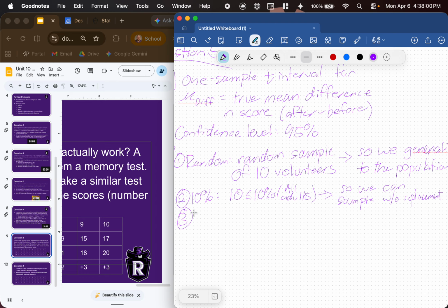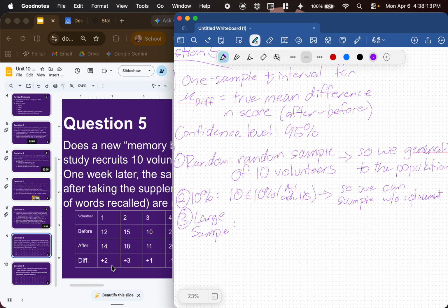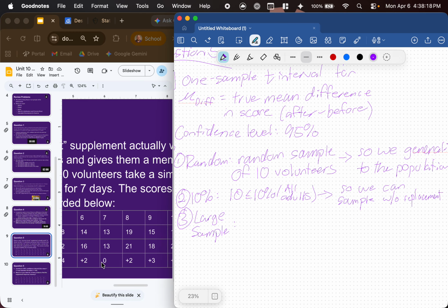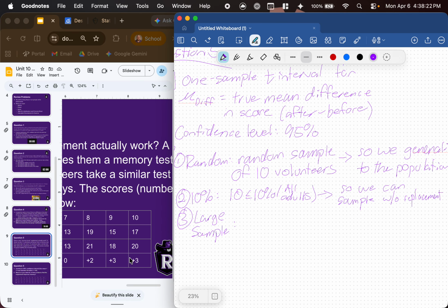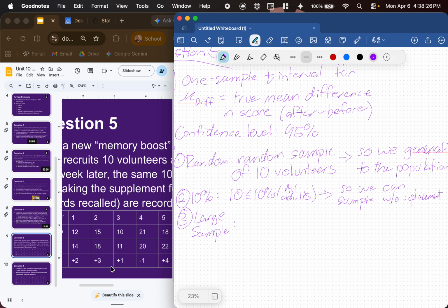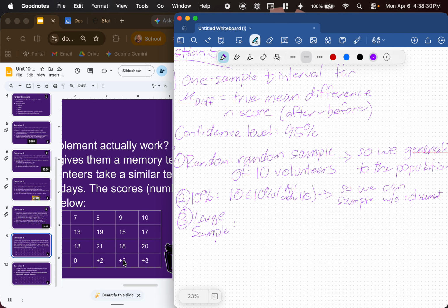So let's look at this large sample. What we can see when we start looking at our differences is that there's no strong skew. We have kind of everything all over the place. We have some greater than 3, greater than 2, 0, greater than 4, -1, 1, 3, 2. We don't really have any strong skew here.